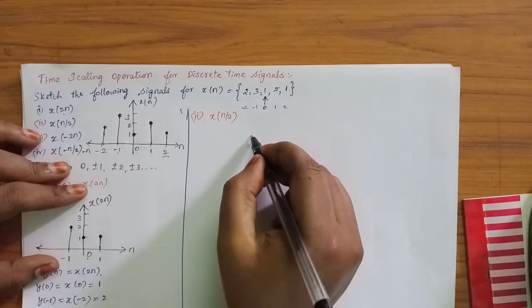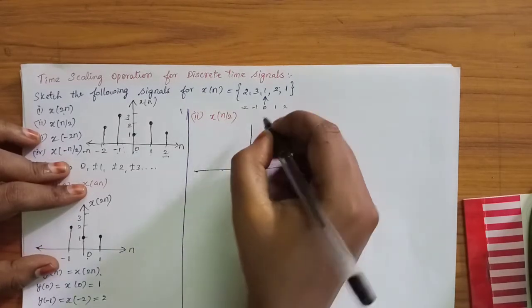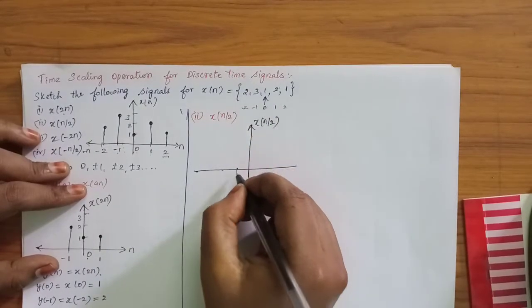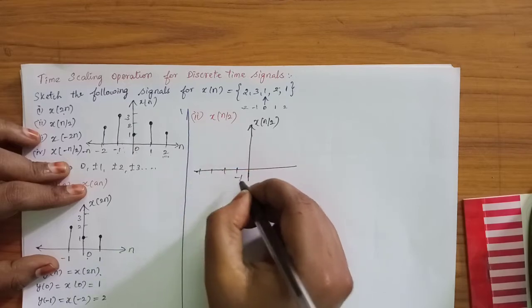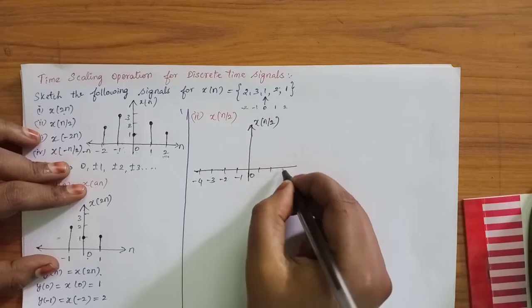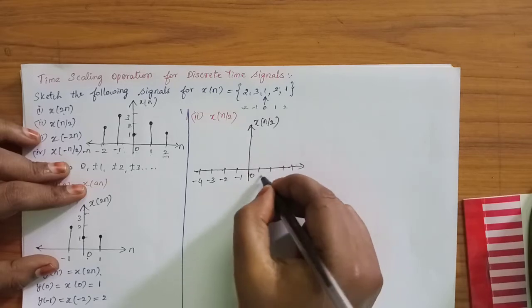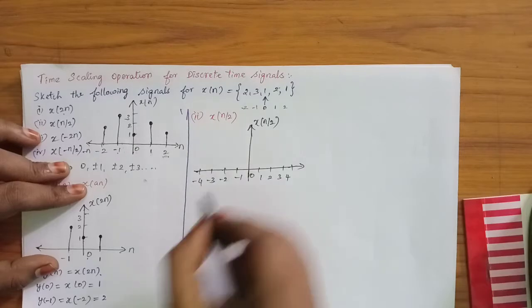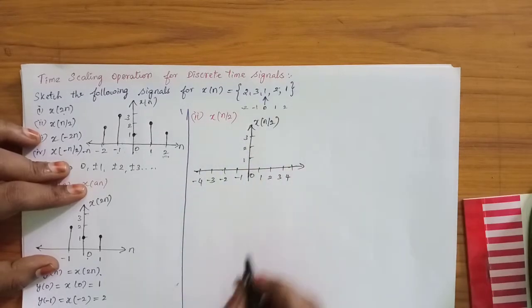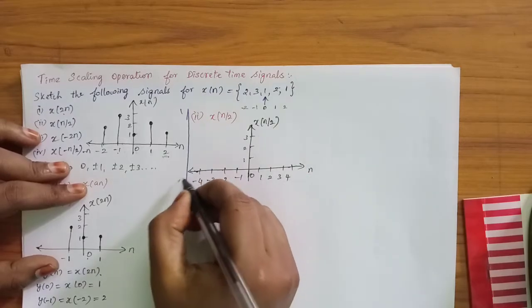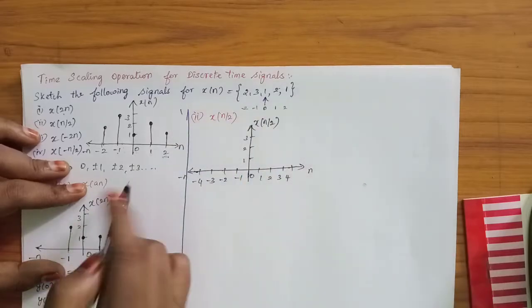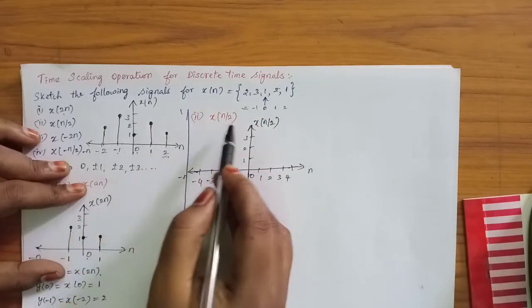Okay, so we can draw x of n by 2. If I multiply the limits by 2, because here it is n by 2.